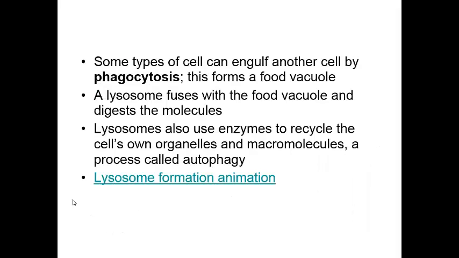Some cells actually have the ability to engulf other cells. We call this process phagocytosis. An example of a type of cell that does this is the macrophage, a large white blood cell that's part of the immune system.